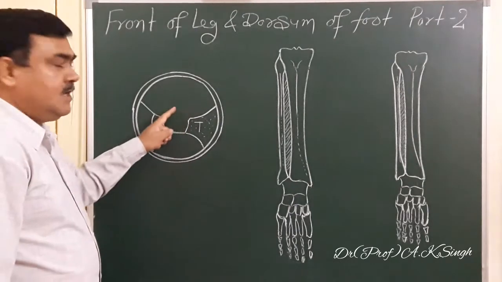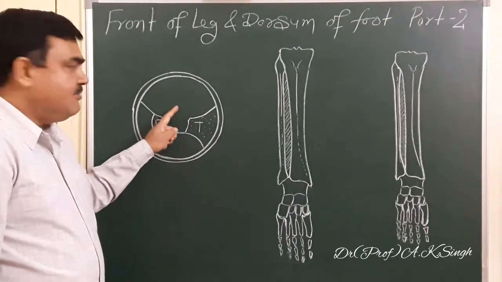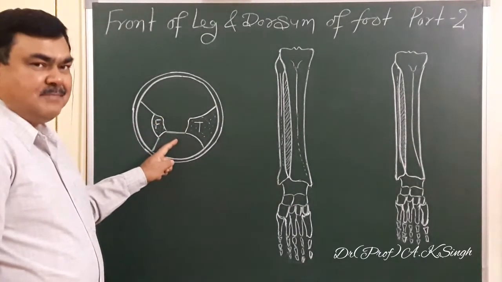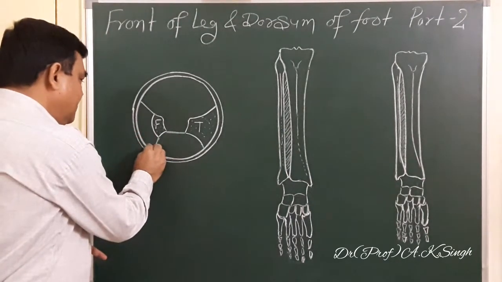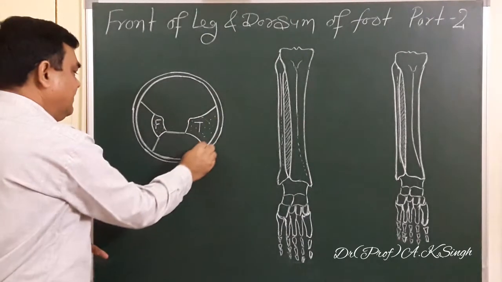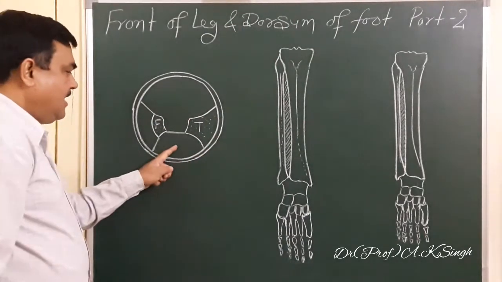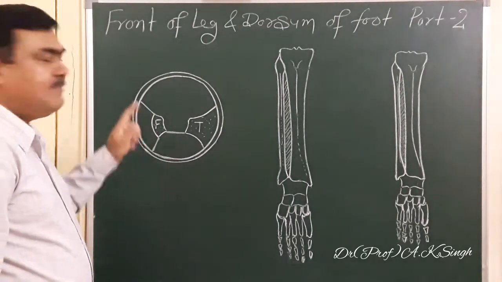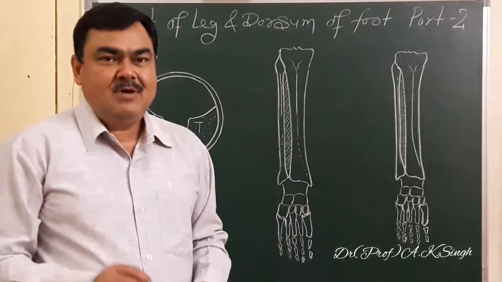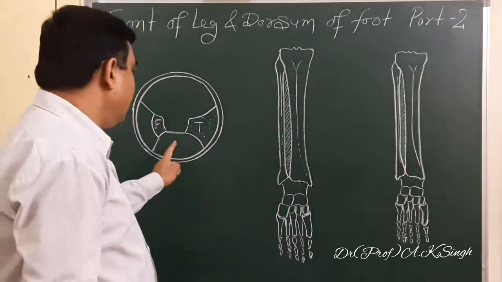Thus, this leg is divided into 3 compartments by deep fascia. This is a modification of deep fascia. So this is the anterior compartment, this is the posterior compartment, and this is the lateral compartment. Today we will discuss the anterior compartment.